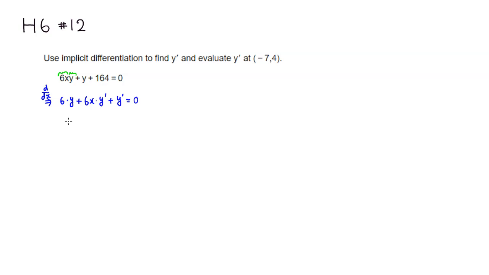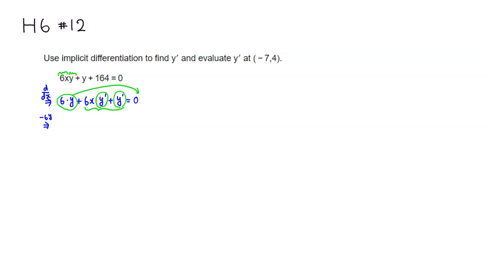First thing I'm going to do is shove 6y over to the other side, so I'm simply going to subtract the 6y. Then I'm going to combine these two terms by pulling out the common factor, y prime.